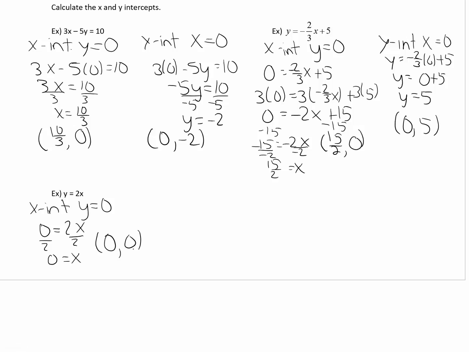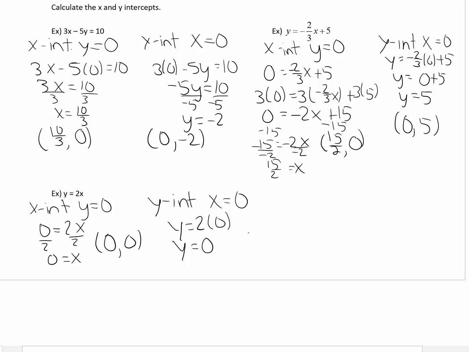So here, both the x and the y-intercept is 0. That means this line is going to actually go through the origin. Now, I will verify by checking the y-intercept and plugging in x equal to 0. And again, no surprise here. We get y is equal to 0. So in this case, this is both the x and the y-intercept.